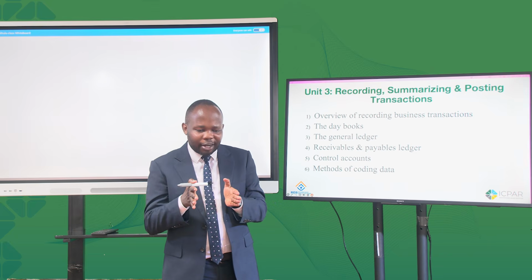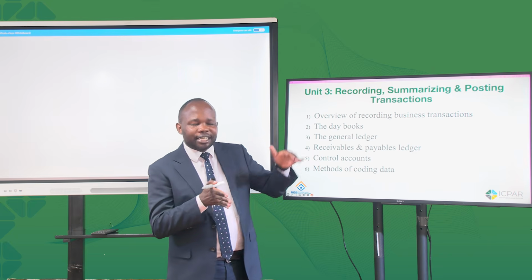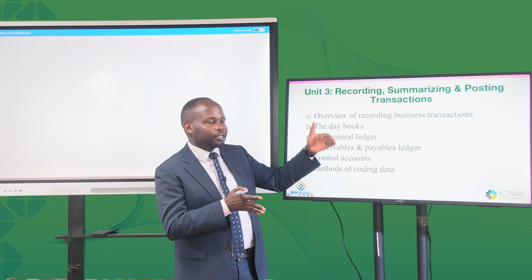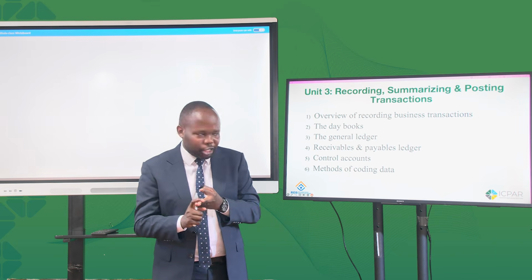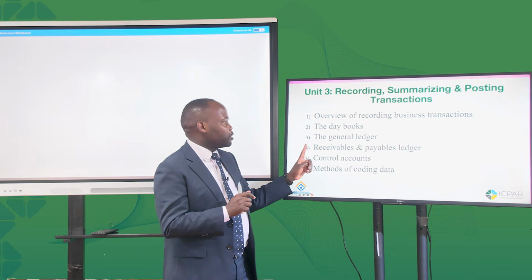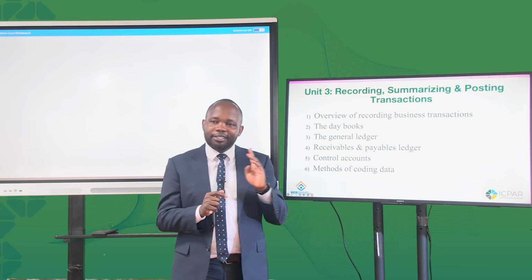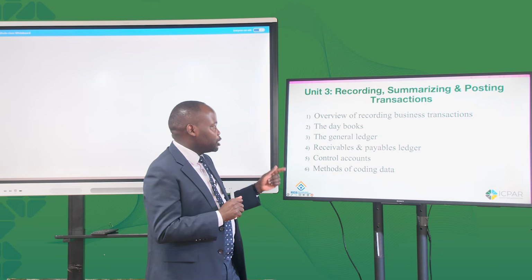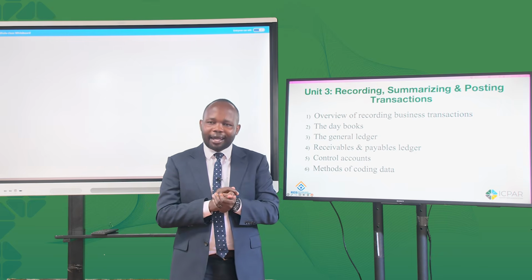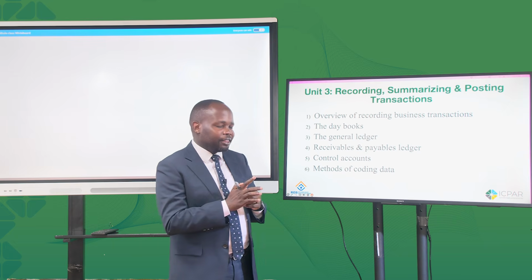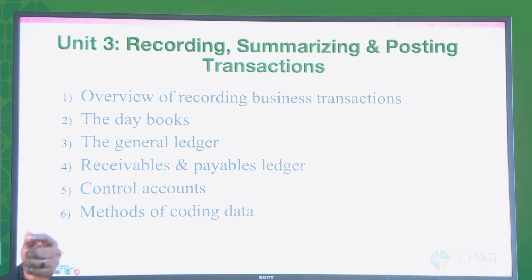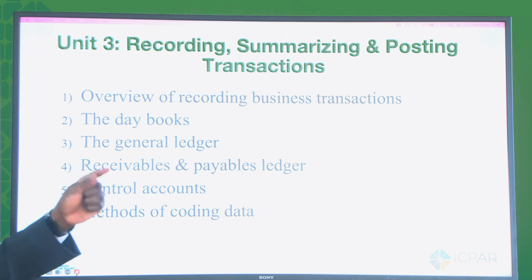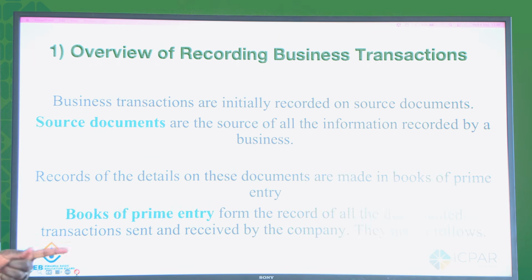Day books are the records where we record what is from the source documents. Number 3, we have what we call general ledger. Number 4, we have what we call receivables and payables ledger. The 5th one is what we call control accounts. And lastly, this information must be recorded somewhere through what we call coding. So we will be looking at methods of coding.